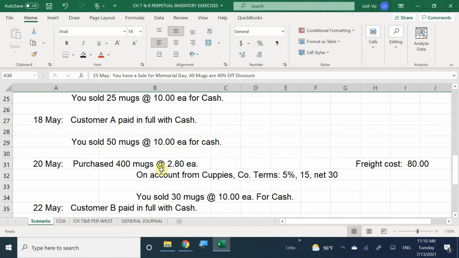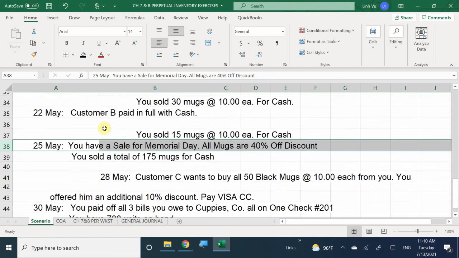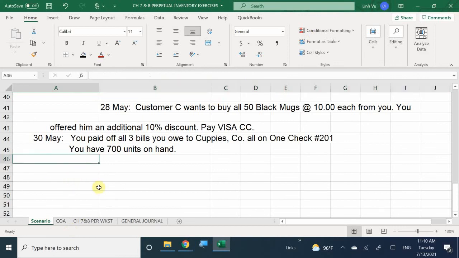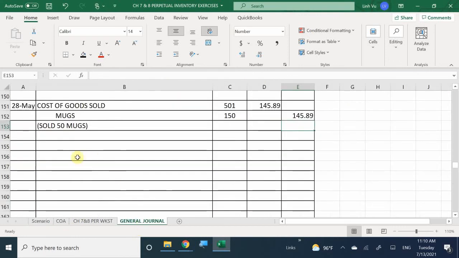Okay. So now let's go ahead and figure out what our journal's supposed to look like. We're paying all of this amount on one check. Now, in this case, we're recognizing that we're paying what we owe. So that's the first thing that you need to establish: your total amount that you actually owe in general.